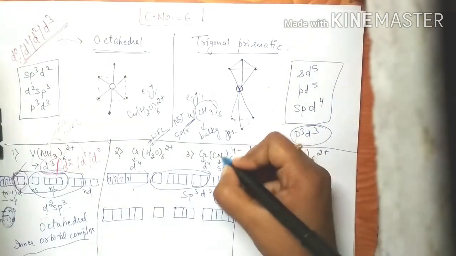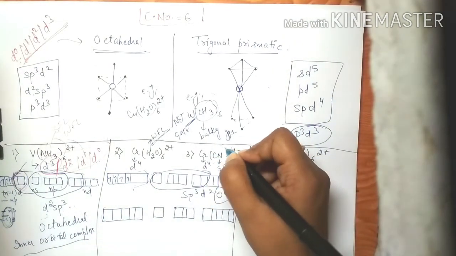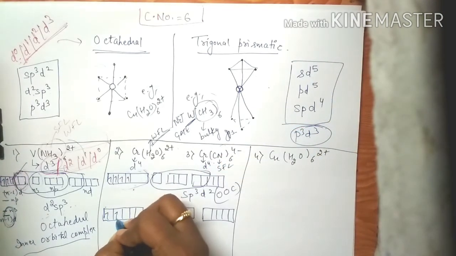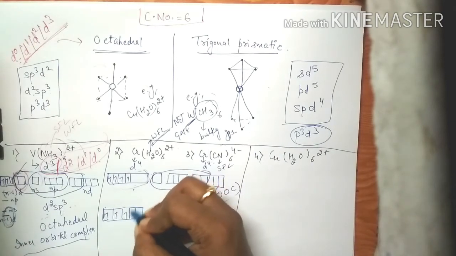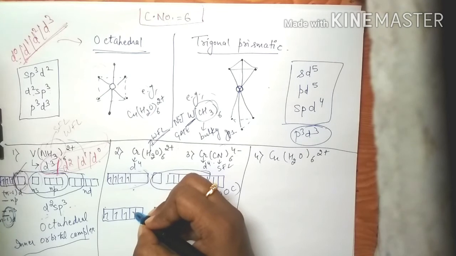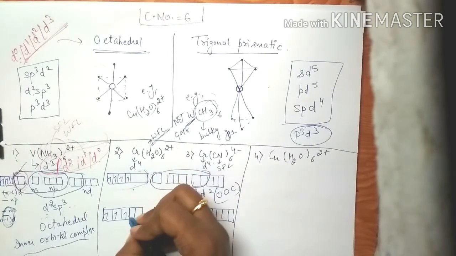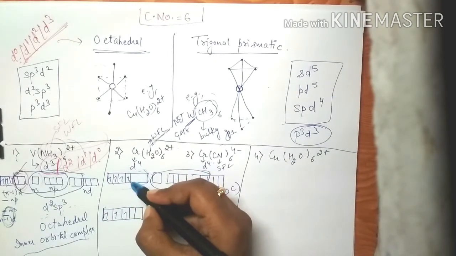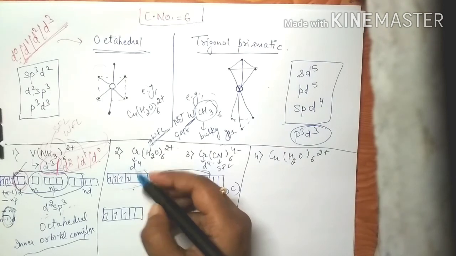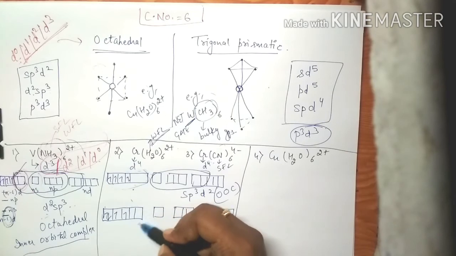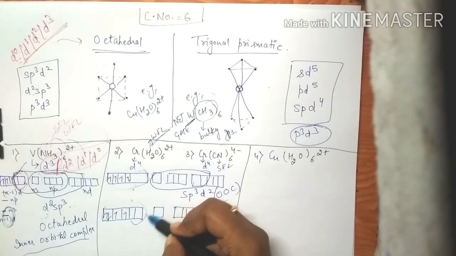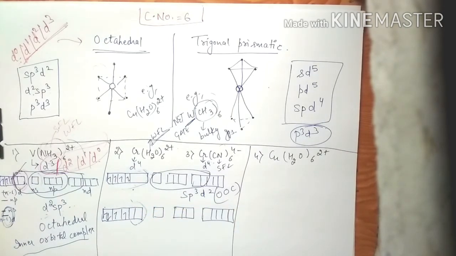But because there is a presence of a strong field ligand, it will empty out this d orbital which will be required for hybridization. And then the electron which would have been present in the fourth d orbital will pair up, and we'll have 2 empty d orbitals available for hybridization.